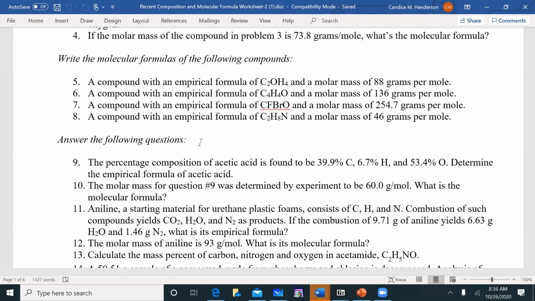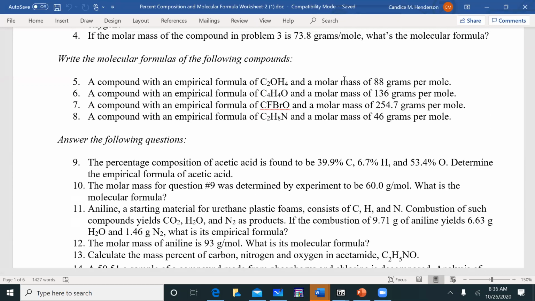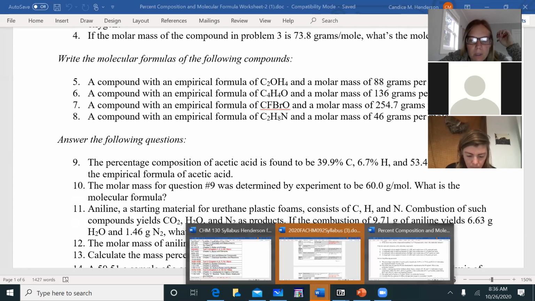This one doesn't do what I wanted it to do. Oh, come on. Okay, let me look at that other formula sheet in a second.